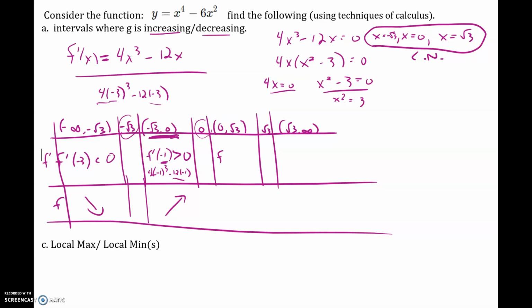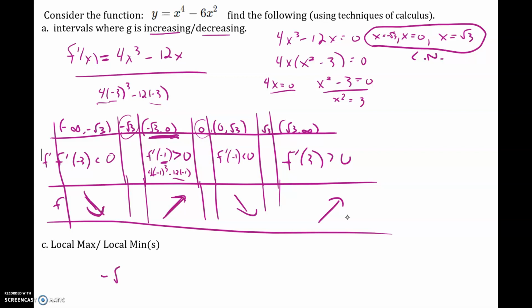So this video is not super long. You can test these if you want. Pick a value from anywhere in here, and this is what should happen. It doesn't always alternate, but that's what should happen. So that means right here at negative root 3, I have a minimum, because it changes from decreasing to increasing.